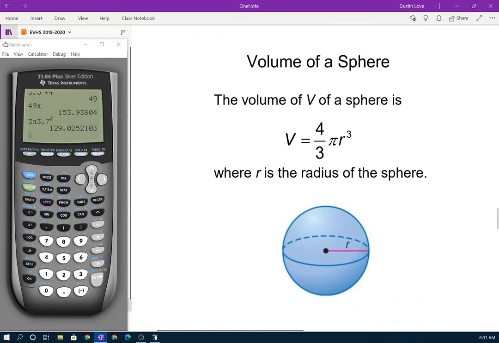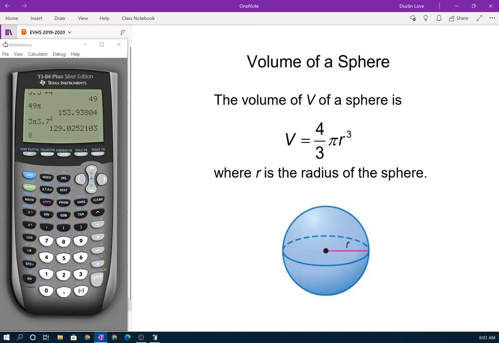All right, volume of a sphere. Just like surface area, it's based entirely on the radius, and the volume here is 4/3 pi r cubed. When you get to one of your calculus classes, I believe it's second semester of calculus or calculus 2, depending on how your particular school labels it, you're going to learn how to derive this formula for yourself.